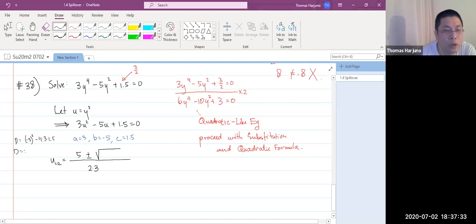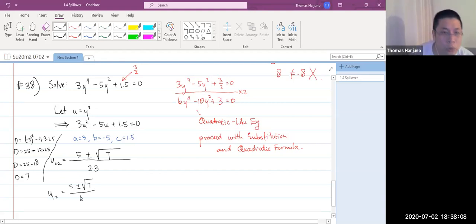I'm supposed to do the discriminant first. 25 minus 12 times 1.5, that's 18. So the discriminant is 7. So u1 and u2, as I proceed, I will get 5 plus minus square root of 7 over 6.